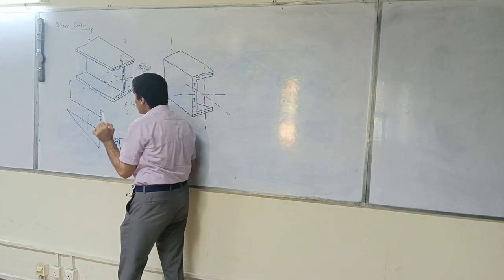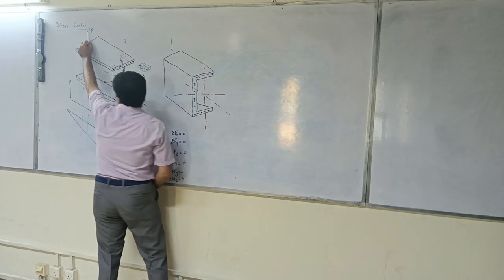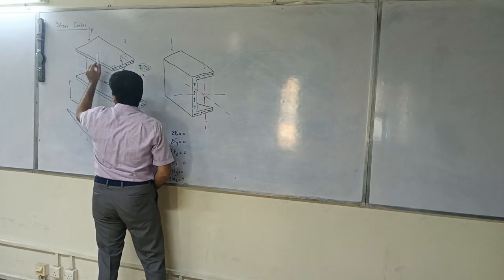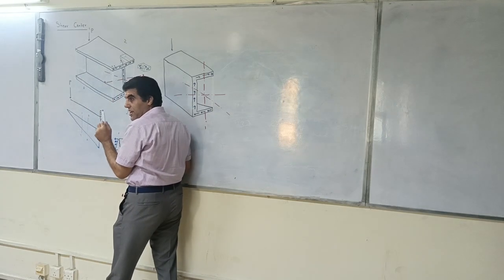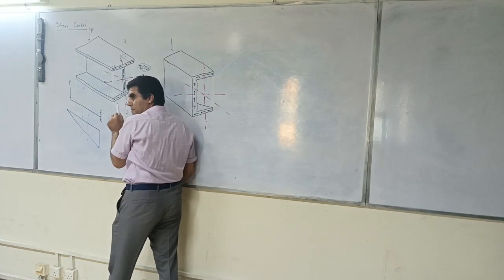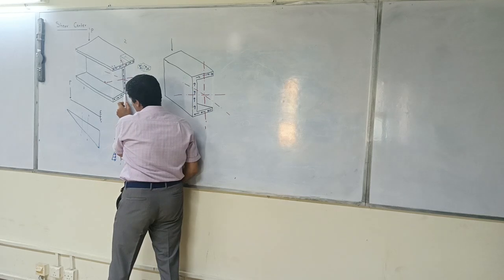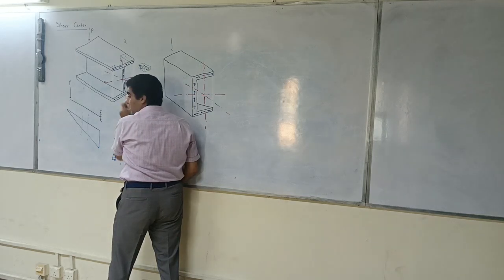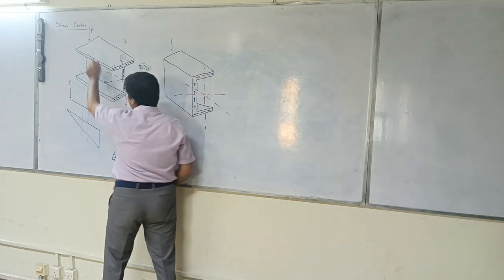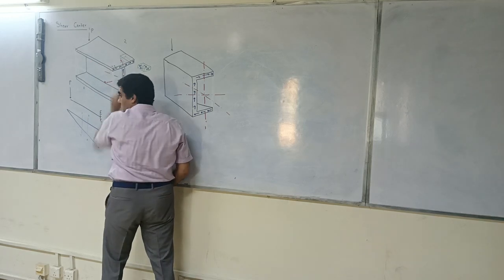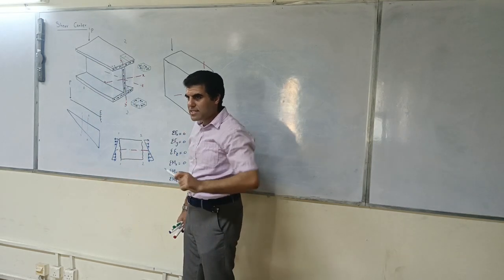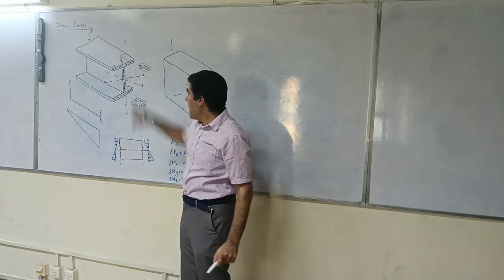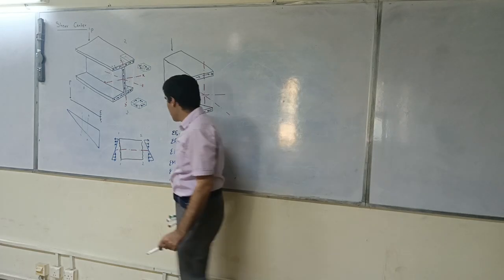Please note that you have got force P applied over here and this force is mainly resisted by the web. The flange has got a very small shear which is taken. So the web takes the maximum of your applied shear force.